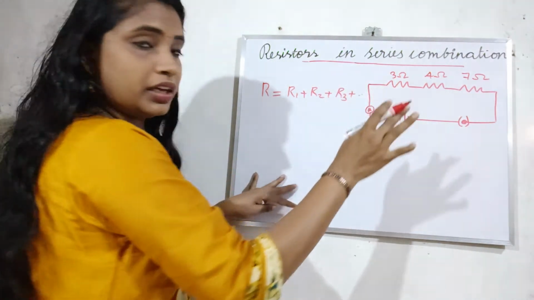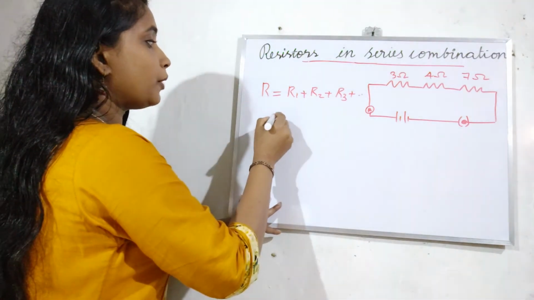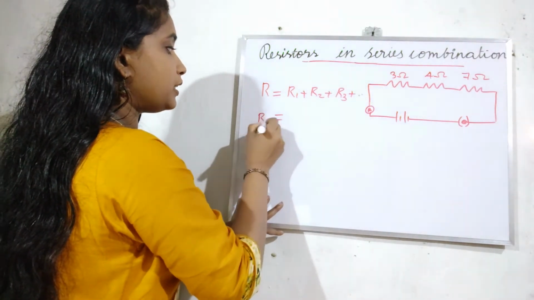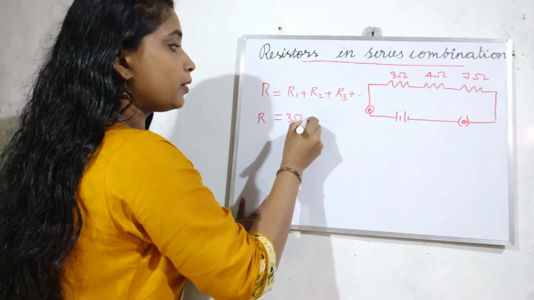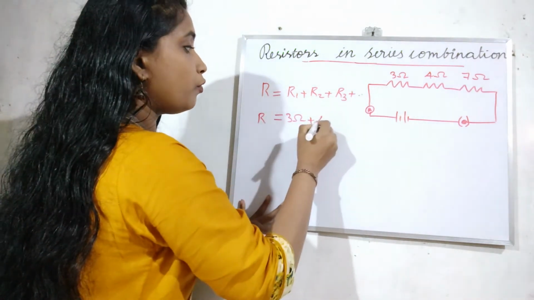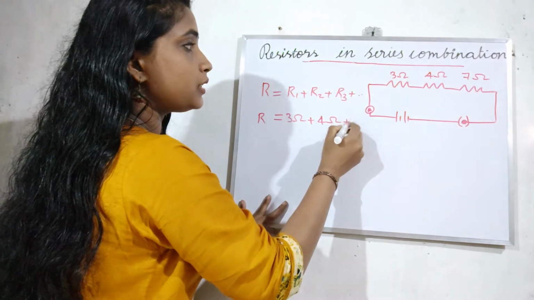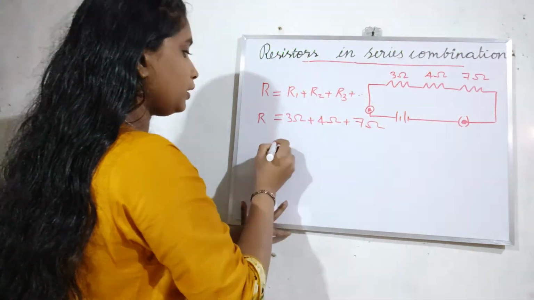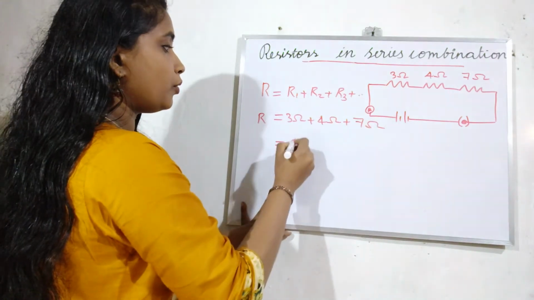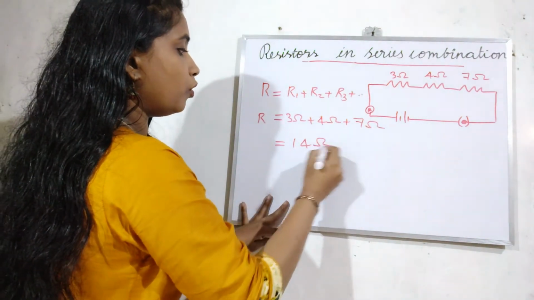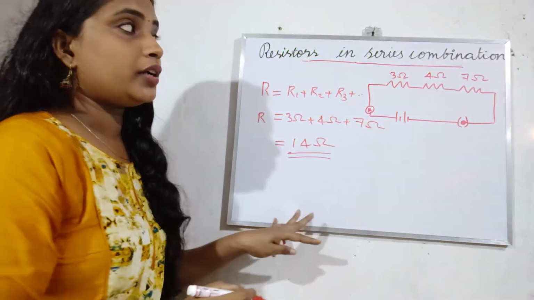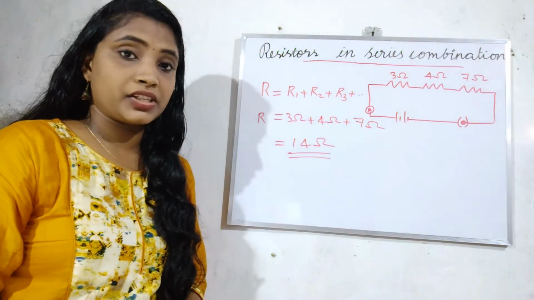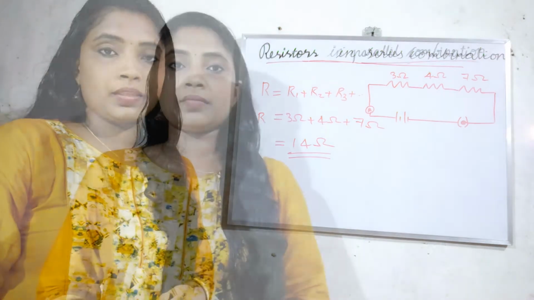Now we have only three resistors here. The first resistor is 3 ohm, so R is equal to 3 ohm plus 4 ohm plus 7 ohm, which is equal to 14 ohm. That means the total resistance of these three resistors in series combination is 14 ohm.